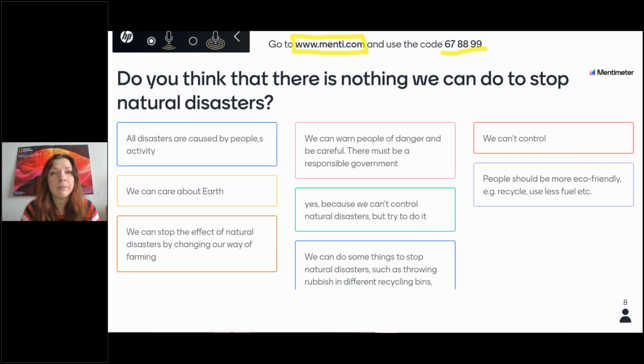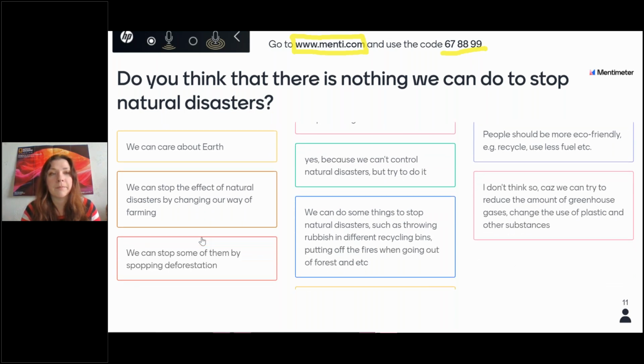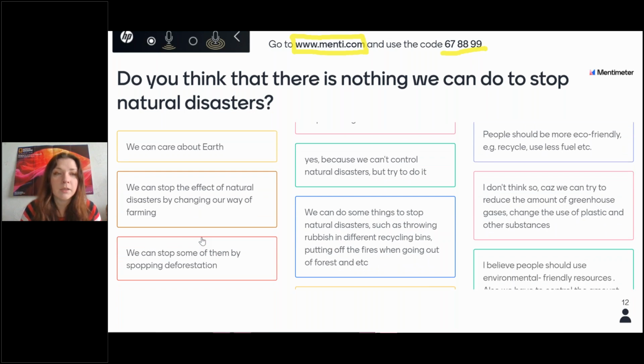All disasters are caused by people's activity, right? We can stop the effect of natural disasters by changing our way of farming. That's an interesting point. We can stop them, some of them, by stopping deforestation. Yes, good idea.